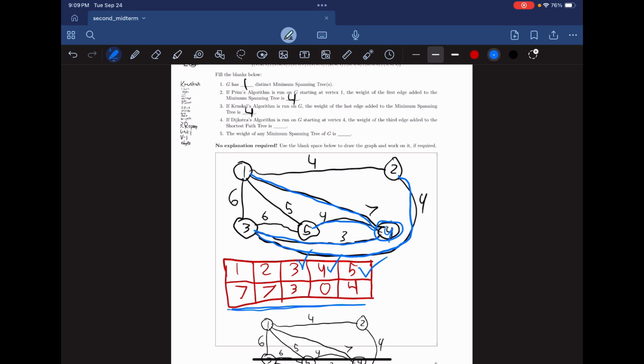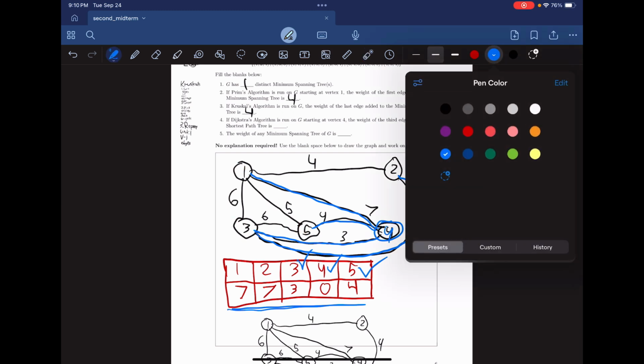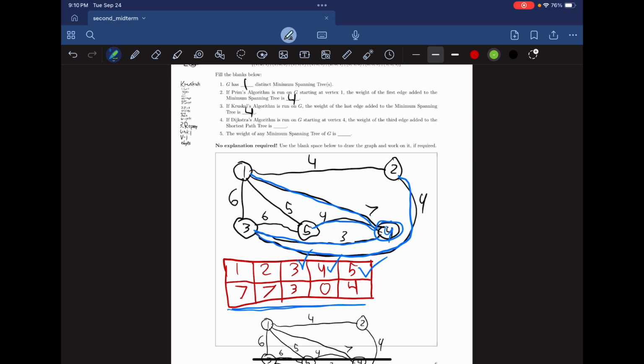2 edges that are unexplored that don't include the edge that we already have in the system. We don't need to look at this edge because we already have it here in the system. But we have 1 to 5 and we have 5 to 3 that we have to explore. First, let's look at 3 to 5.